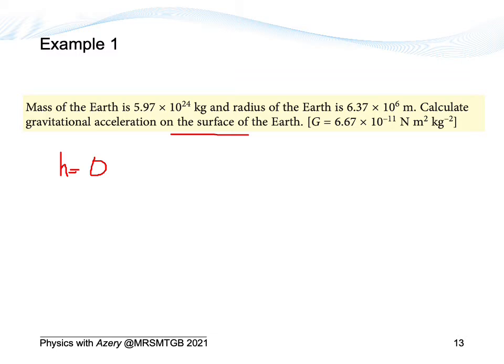So what do we do next? We simply list out the information you got from the question first. We have M here, we have r, and we have the gravitational constant. We need to find acceleration. So the solution is on the next slide.